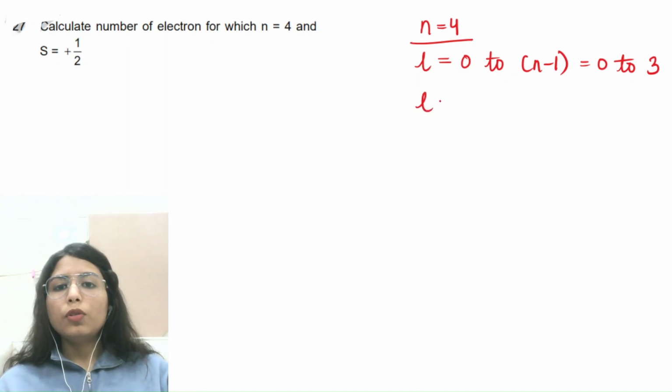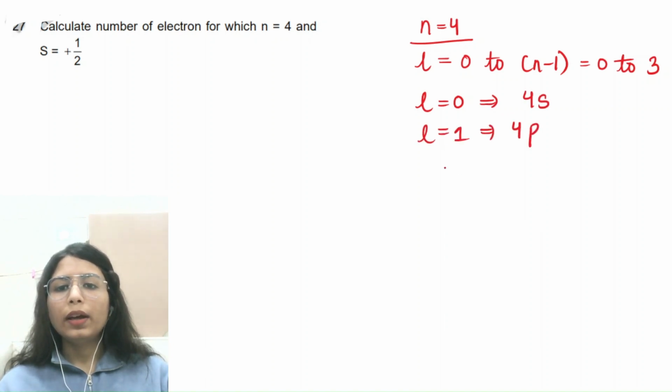Okay, so for L equal to 0, we'll be having 4s orbital. For L equal to 1, we'll be having 4p. For L equal to 2, we'll be having 4d. And for L equal to 3, we'll be having 4f.